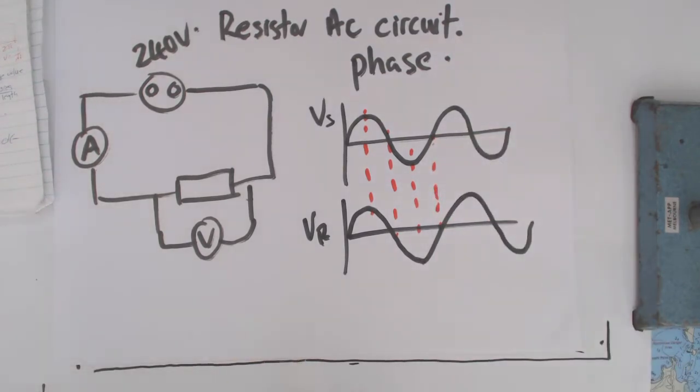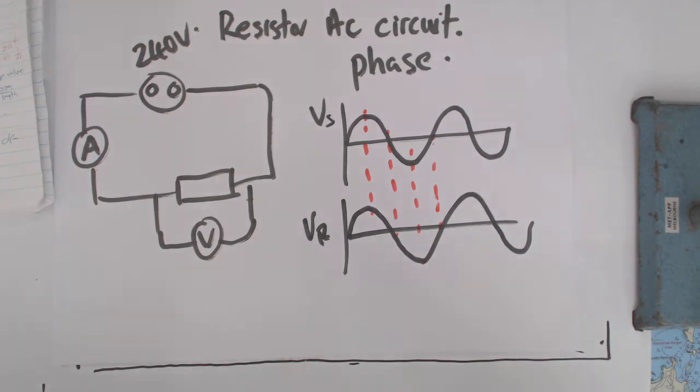So they're in phase. Now, if the voltage in the resistor is in phase with the voltage on the supply, we need to also talk about the current. Now, the thing we'll find with the resistor is that the current is always in phase with the voltage in the resistor.